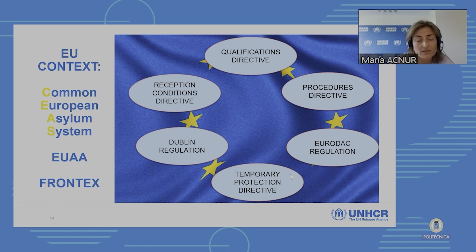The qualification directive establishes who is a refugee, what the different protection regimes are that can be established in the EU, which is the refugee status under the Geneva Convention. Very important: the basis and cornerstone of all this legal framework is the Geneva Convention. All the EU countries are signatories to the Geneva Convention. The EU itself is a signatory to the Geneva Convention.